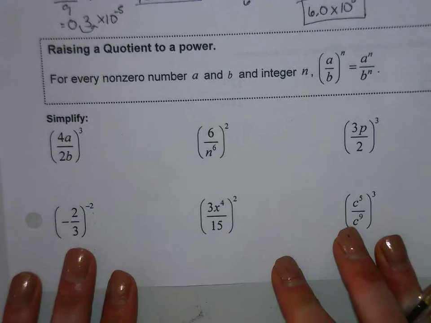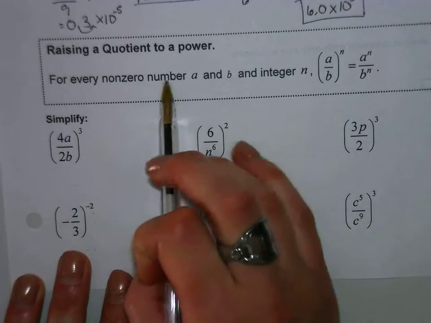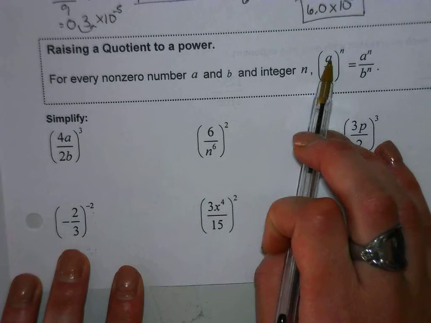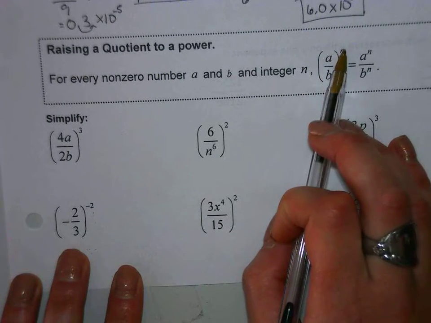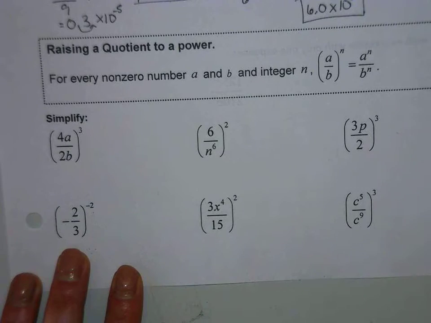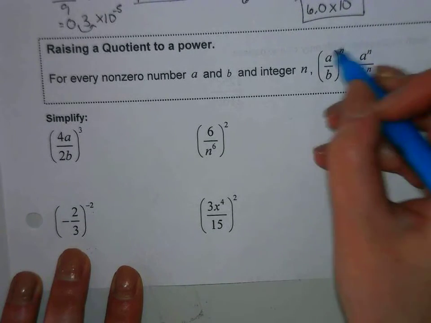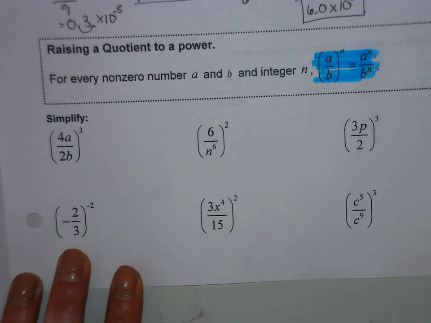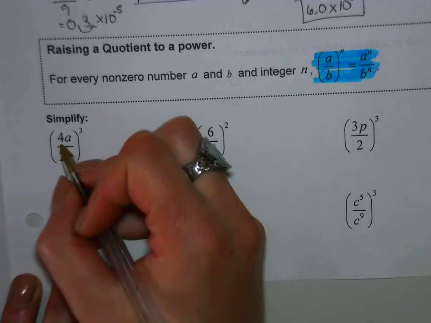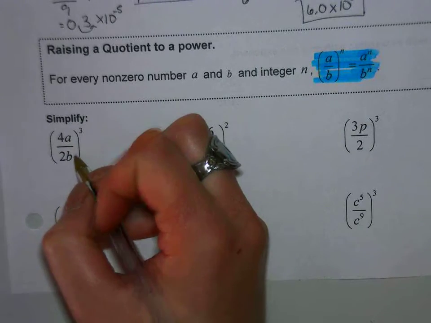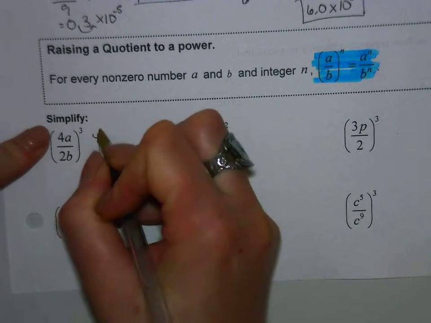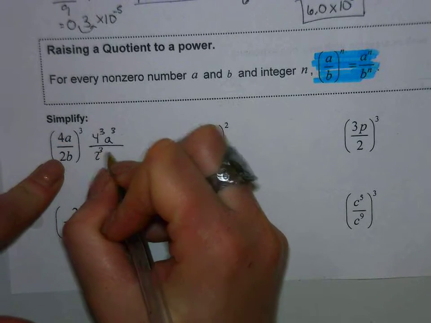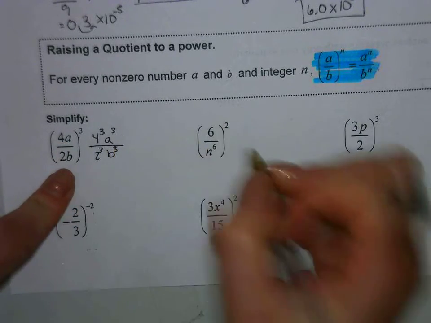Now let's look at raising a quotient to a power. For every non-zero number a and b and the integer n, if we have the quantity a divided by b raised to the nth power, it equals a to the nth divided by b to the nth. So here, 4 times a divided by 2 times b, so that means we have 4 to the third times a to the third divided by 2 to the third times b to the third.